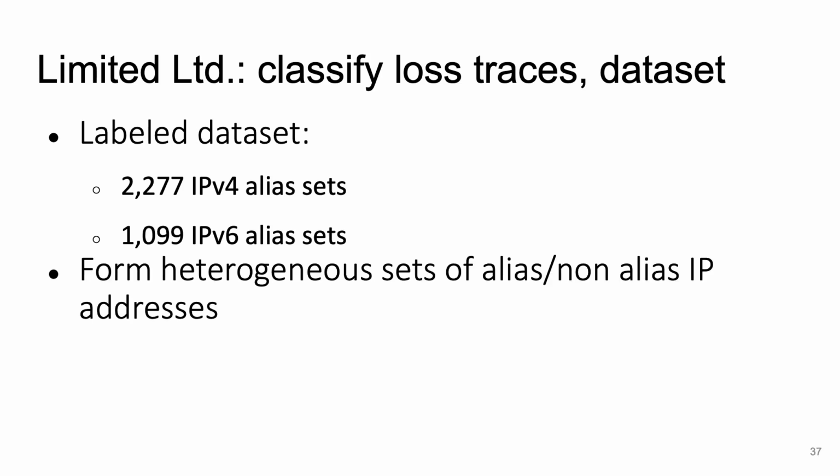From this labeling, we obtain at the end a labeled dataset of 2000 IPv4 and 1000 IPv6 alias sets. Based on the alias pairs and the non-alias pairs that we have labeled, we form heterogeneous sets of alias and non-alias IP addresses. And then we run limited limiting against these different heterogeneous sets, and we train the algorithm based on the loss traces generated by limited limiting.